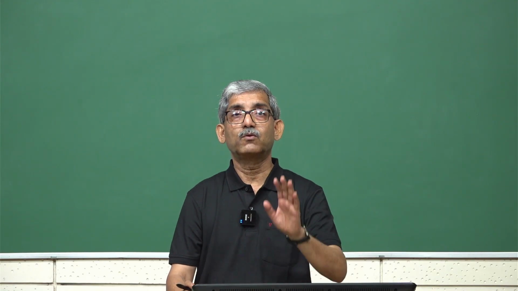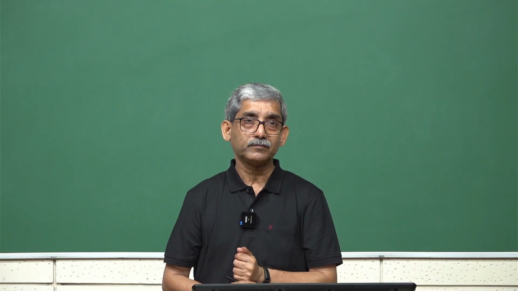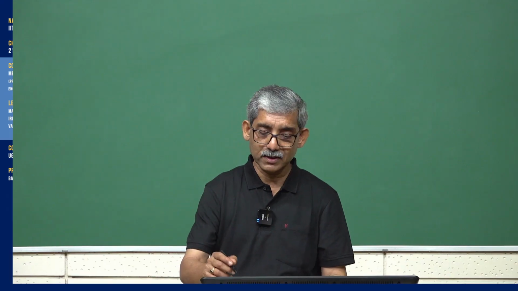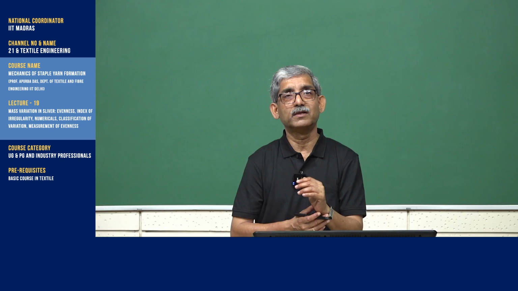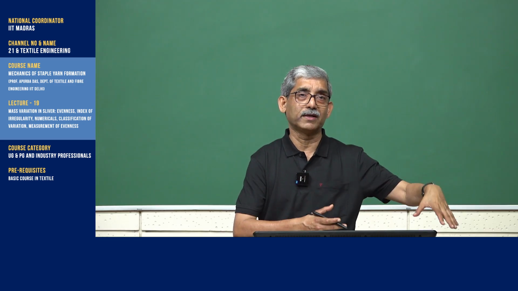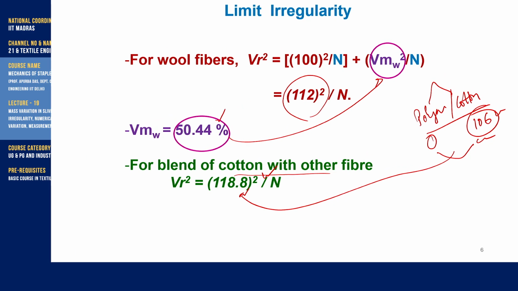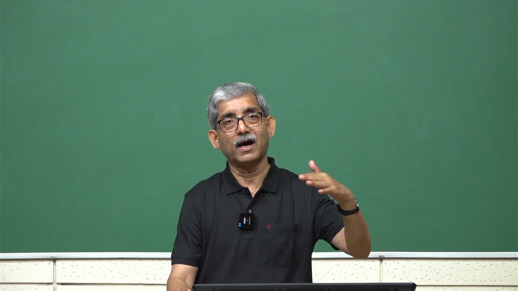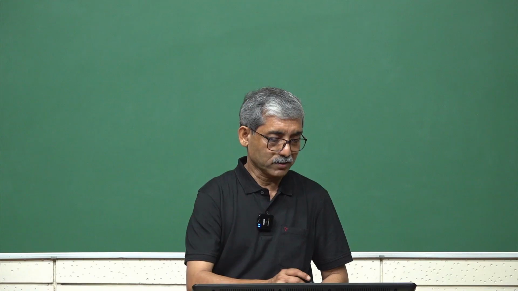So, when we blend two fibers, due to the difference in their characteristics, they behave differently during drafting or even opening. So, that will result in much higher limit irregularity. So, effectively that is why the blended product has relatively higher irregularity than the single component product.